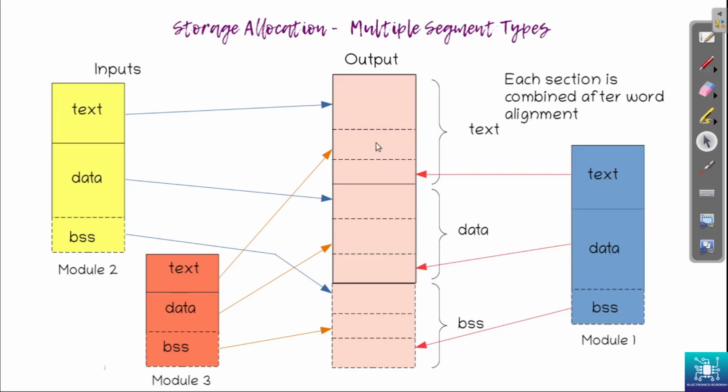All of that is done by the linker here. So as you can see, all of the text gets combined here, data gets combined here, and BSS gets combined here, but virtually. It does not actually occupy any space in the flash.